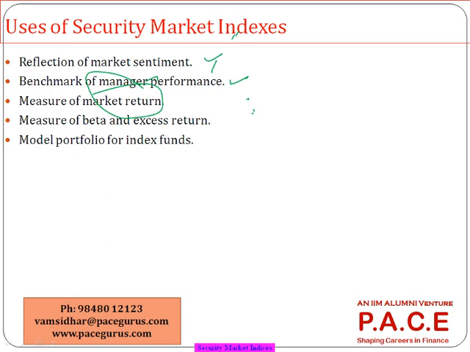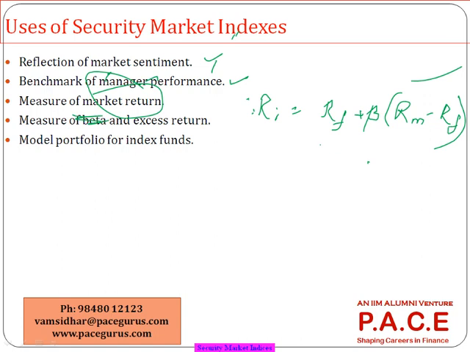If you remember the CAPM model, right? We said the return on security is the risk-free rate of return plus beta times (RM minus Rf), where RM is the market return. And when we said market return, it is nothing but the Sensex return itself. And it helped me in determining the beta, right?